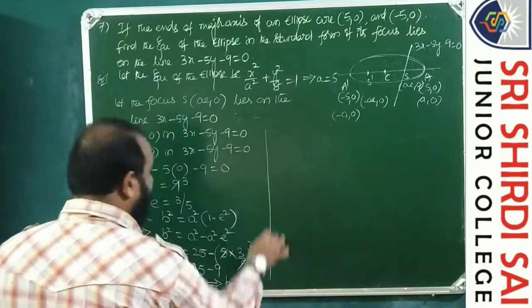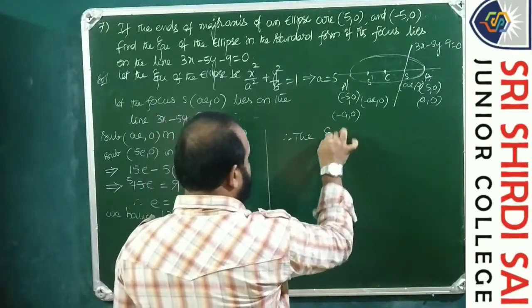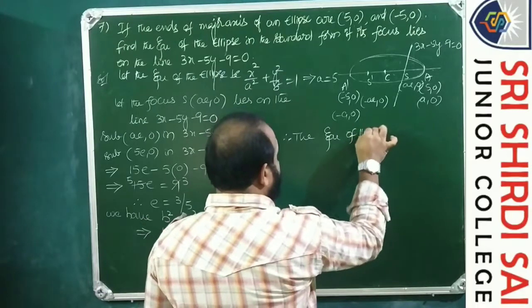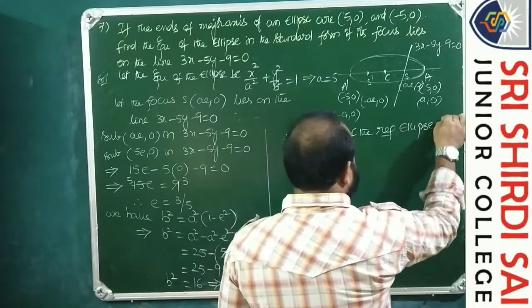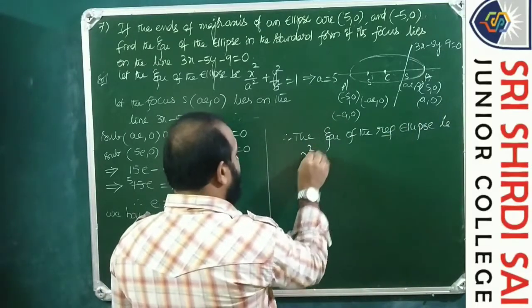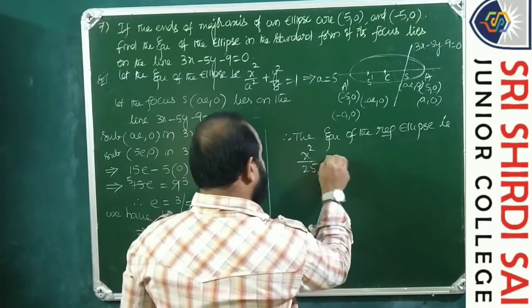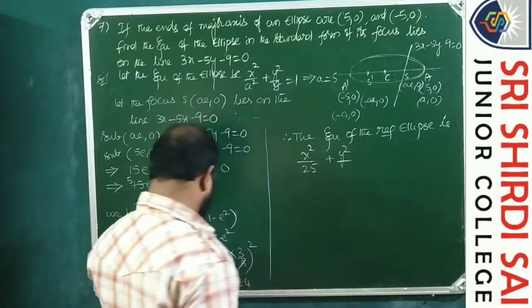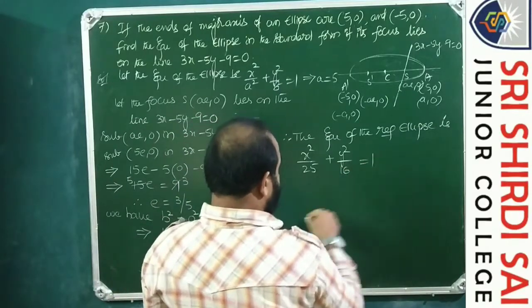Therefore, the equation of the required ellipse is x square by the value of a square, 5 square, 25, plus y square by b square, 4 square, 16, equals 1.